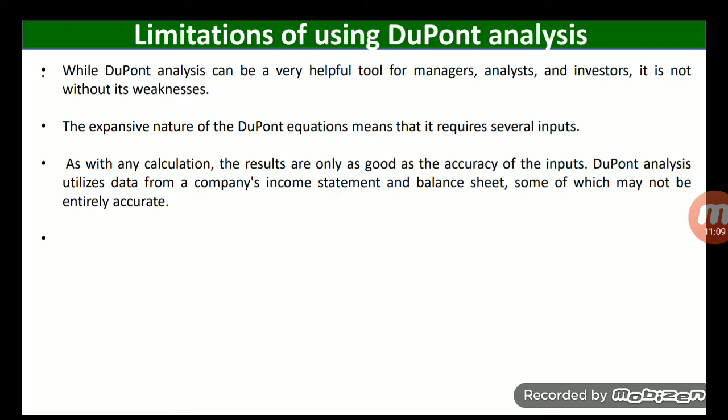DuPont analysis utilizes data from a company's income statement and balance sheet, some of which may not be entirely accurate.